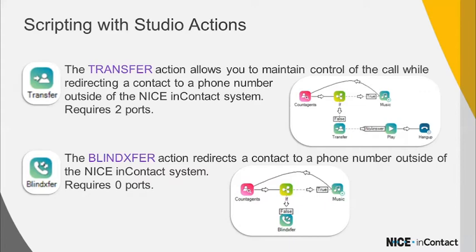So he can use a transfer. With a transfer, the call remains in the system, the call is recorded in the recording platform, and it is also going to be monitored, when the call is connected and when the call is not connected. Even if the call is not connected, the agent has the capability to transfer the call to another agent. So we can achieve those things by using a transfer.